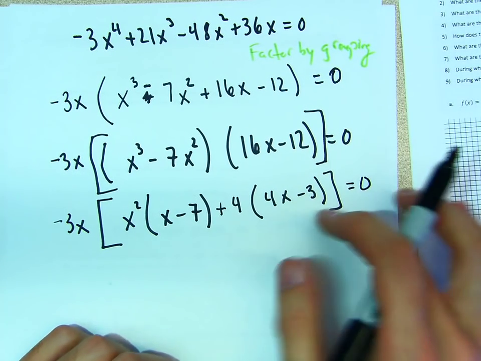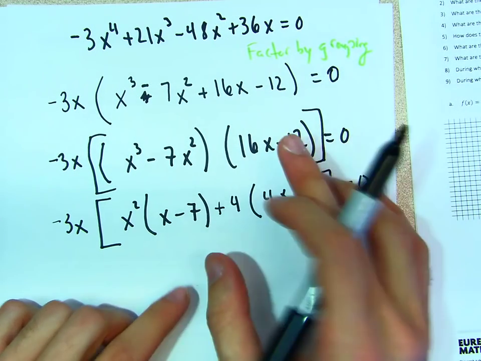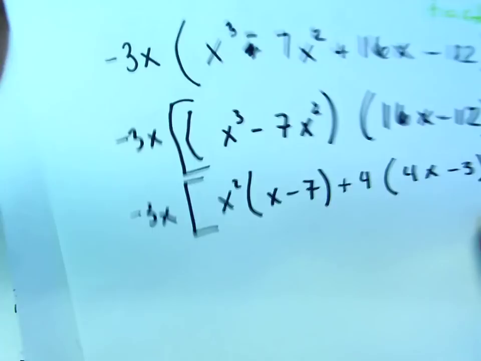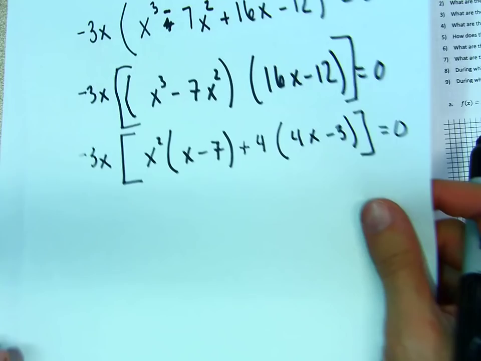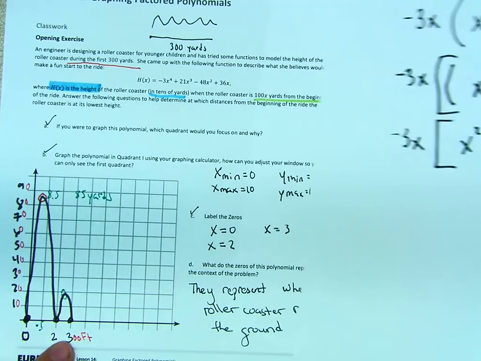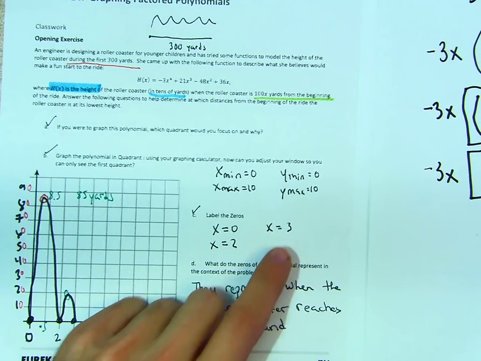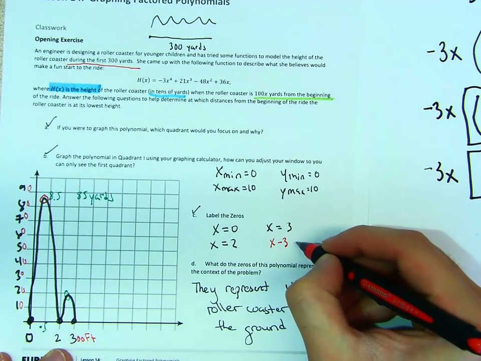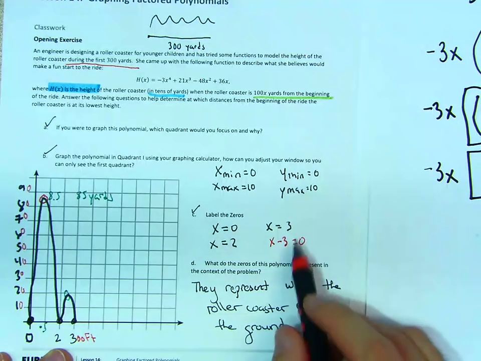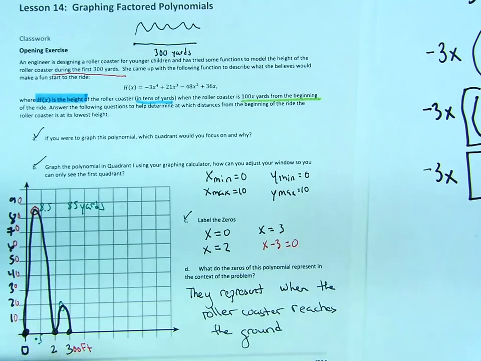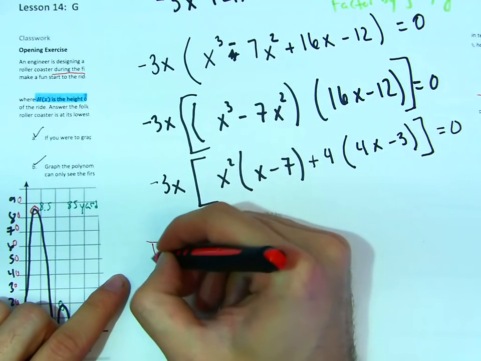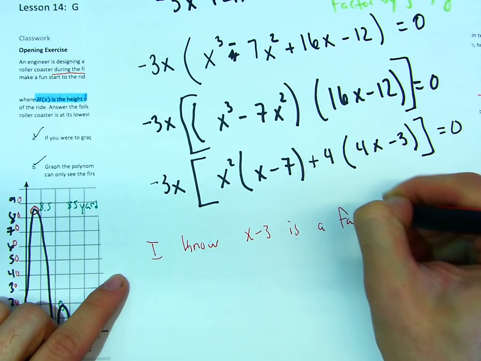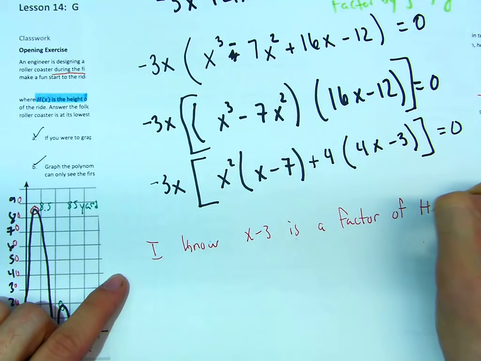Even if you try and rearrange the terms, it won't work. But we know the zeros. Where are my zeros? They're right here, these are the 3 zeros. One thing you have to notice is, if you know 3 is a 0, then x minus 3 equals 0, so x minus 3 is a factor of h of x.